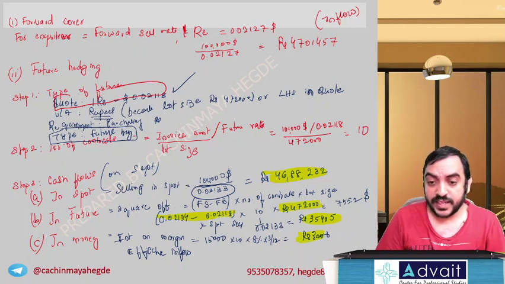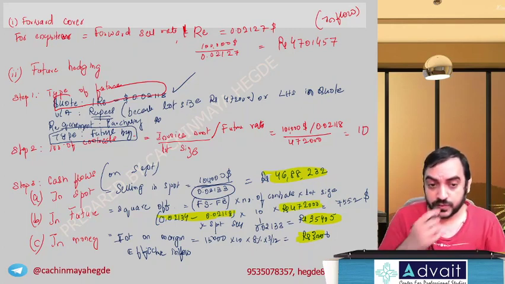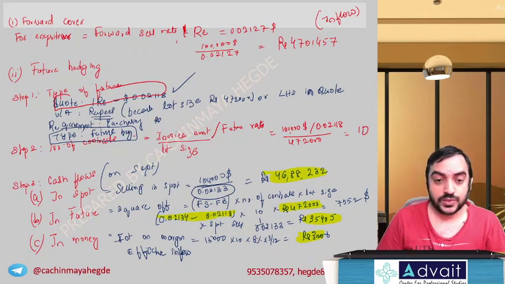So 4688 232 plus 35,405 minus 3,000 is 4720 637.